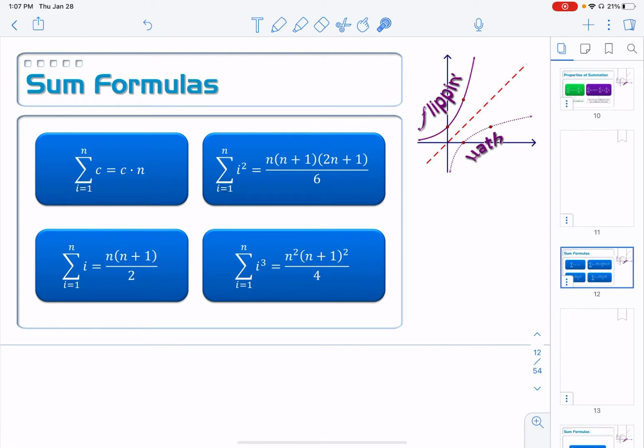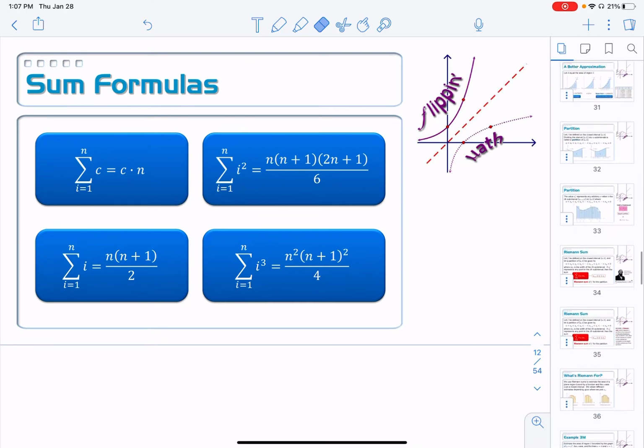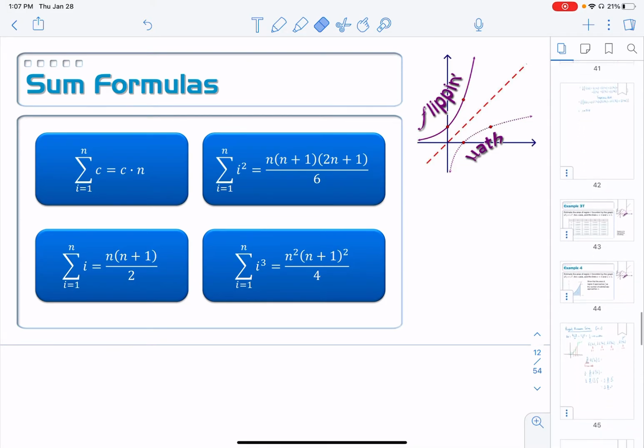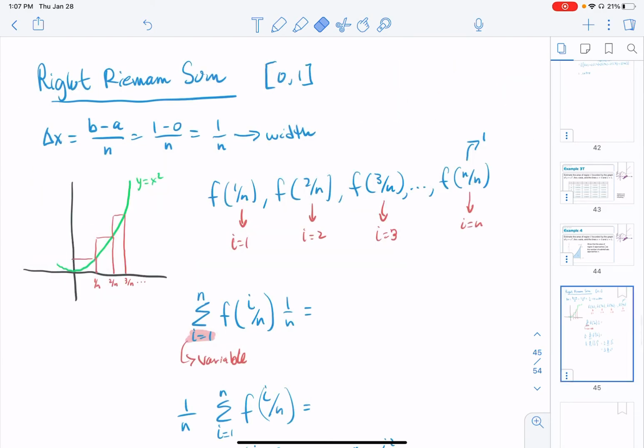So the sum from i equals 1 to n of i squared, that's the sum of the squared integers, 1 squared, 2 squared, 3 squared, and so on, is n times n plus 1 times 2n plus 1, all of that divided by 6. Let's use that to evaluate our summation.